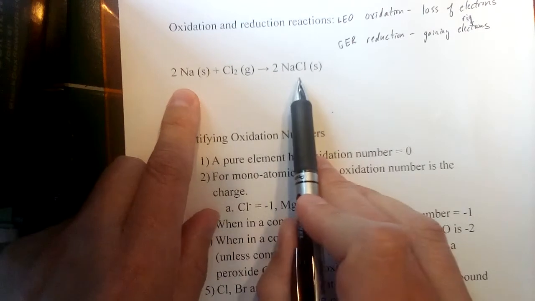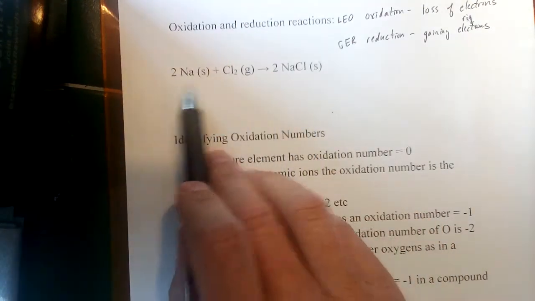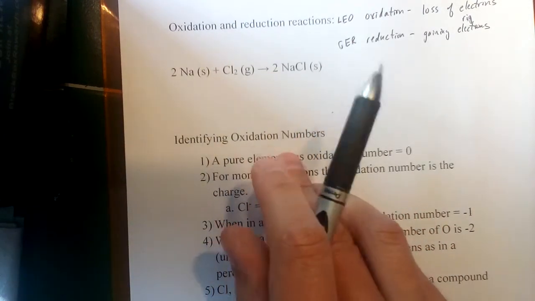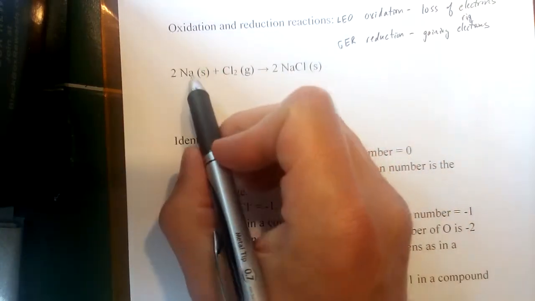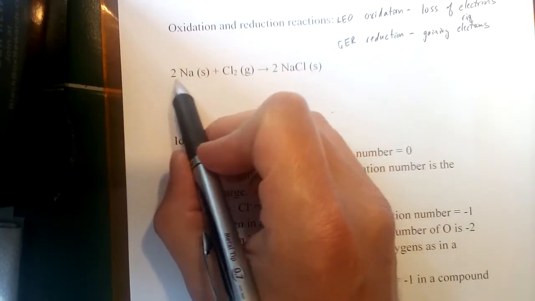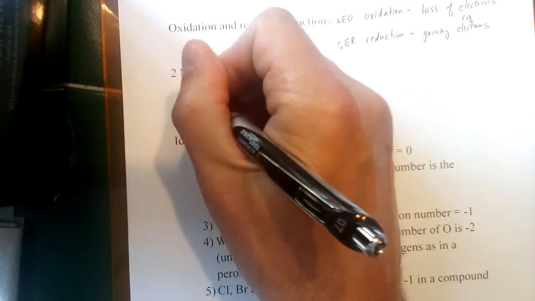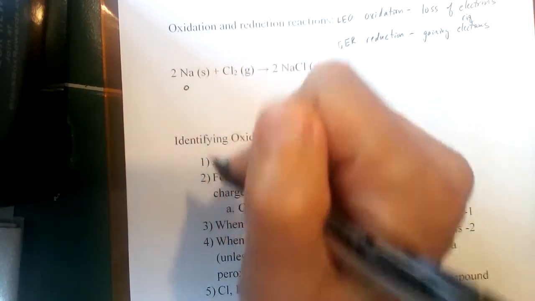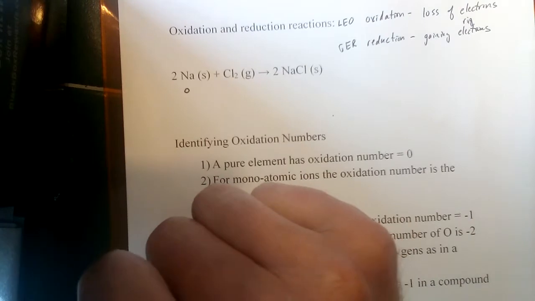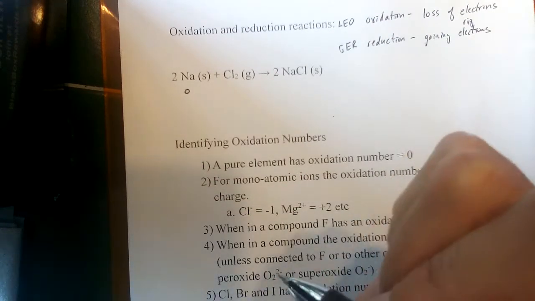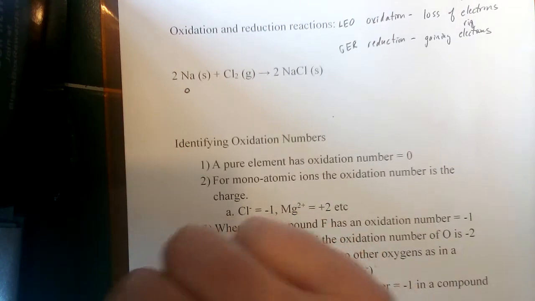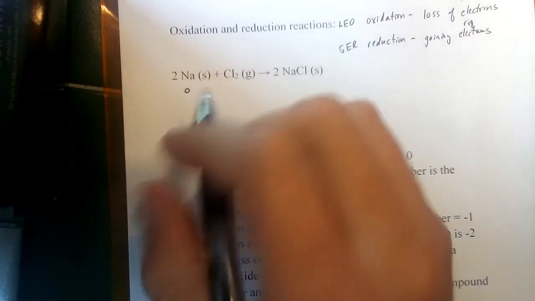Now, here's a real simple example, and this is something we might have talked about back when we talked about the formation of ionic compounds. If we start with just sodium atoms here, we know that atoms have the same number of electrons as protons, so the charge on a sodium atom is 0, because the number of positives and the number of negatives is equal, they cancel out, no net charge.